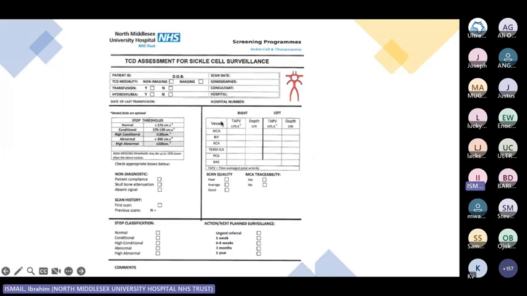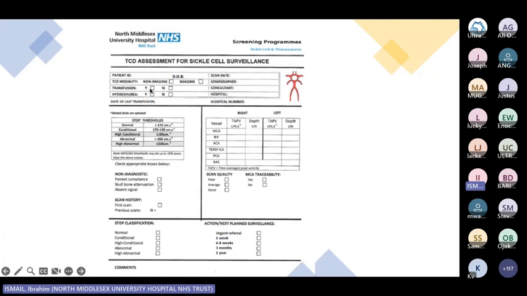Once you have the results from both sides, you can note the scan quality: if it's good, if the MCA was traceable, and if you had some difficulties, such as a lot of bone compliance, skull bone attenuation, or absent signal, you can record it here. It's also important to know if the patient is already on blood transfusion or taking hydroxyurea.